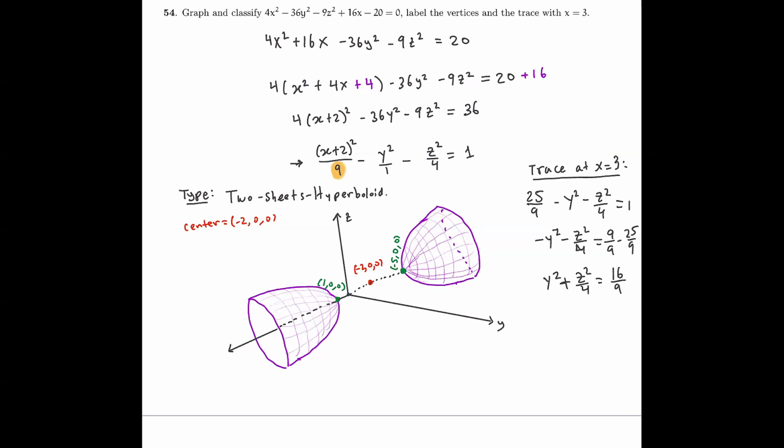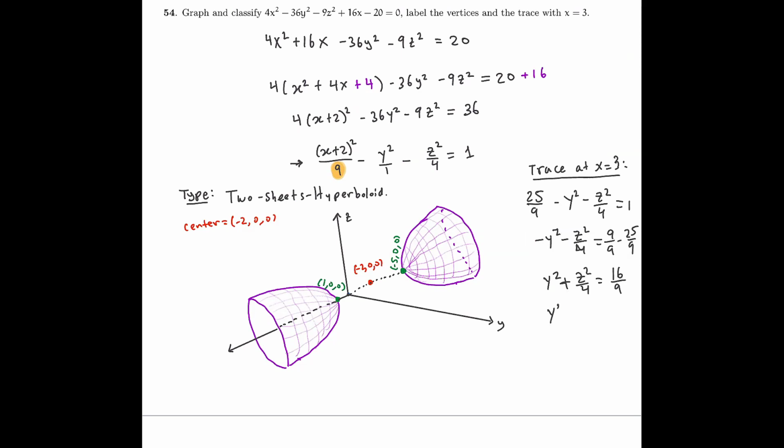So how did I get that? Again, I just subtracted 9 minus 25, so it's negative 16, and then multiplied everything by negative 1, and I got that. What kind of shape is this? This is simpler. This is an ellipse. I think you can multiply everything by 9 over 16.